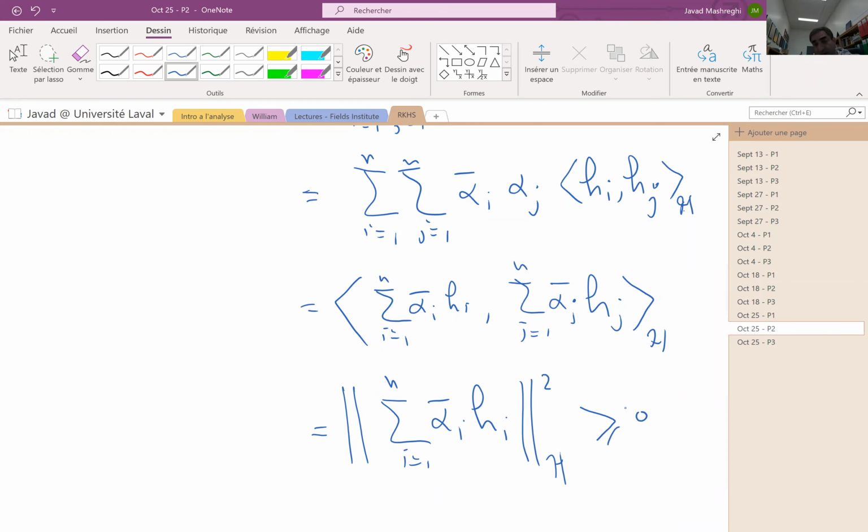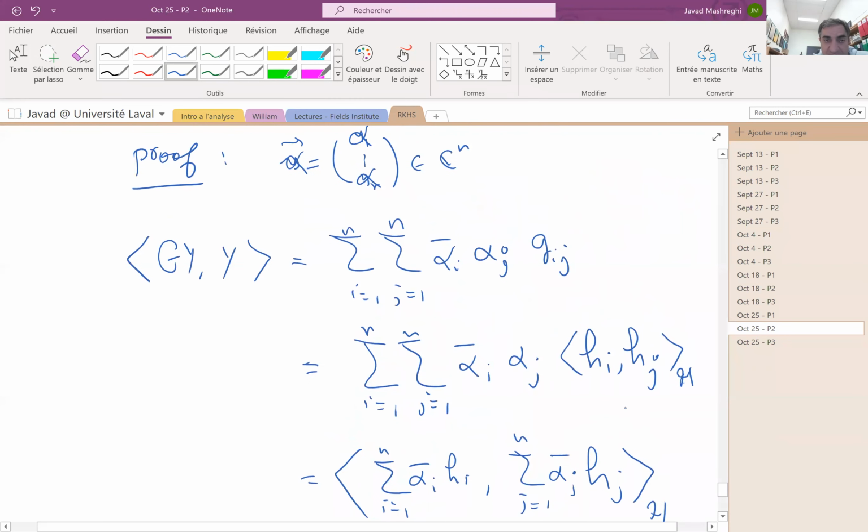As you see, all the time I kept bar over alpha i, and here I end up with alpha i bar Hi, so it sounds better to put bar on alpha j, but it really doesn't matter, and this happens many, many times.